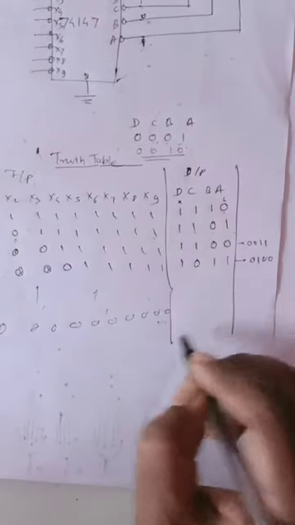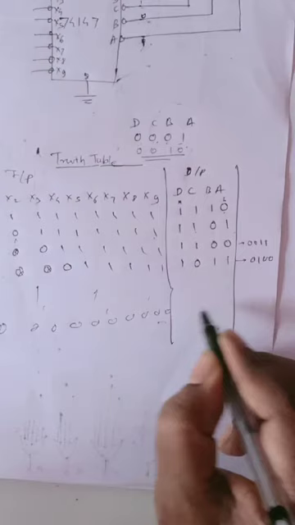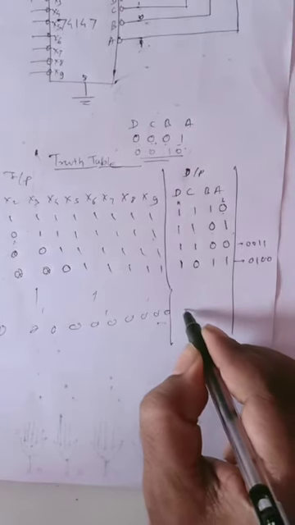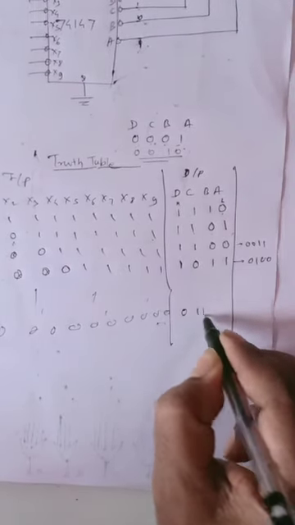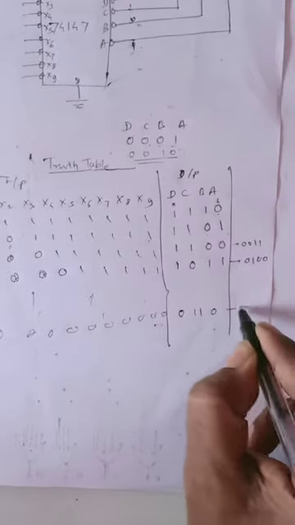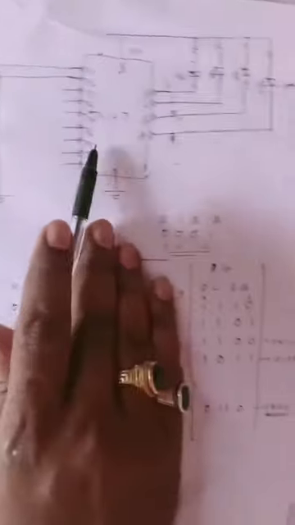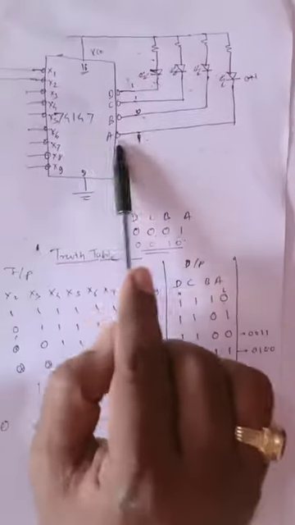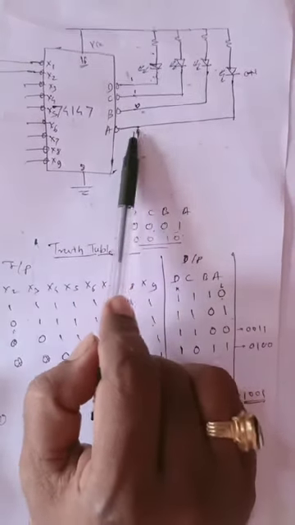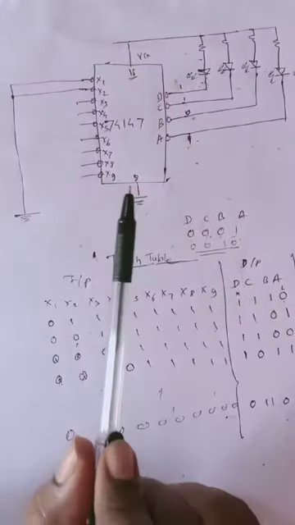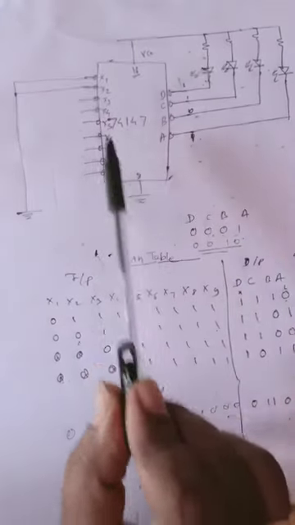How do we write ones complement? 9 means 1 0 0 1, so you will get 0 1 1 0. We want 1 0 0 1, but active low means you have to apply 0 to apply the input, and you will get active low outputs, in place of 1 you will get 0. Okay, so this is the priority encoder, where the priorities are given.